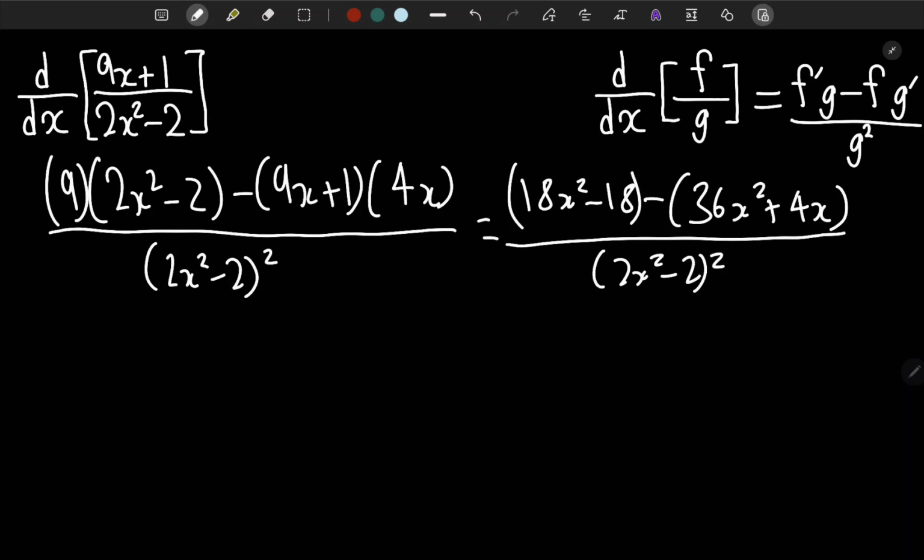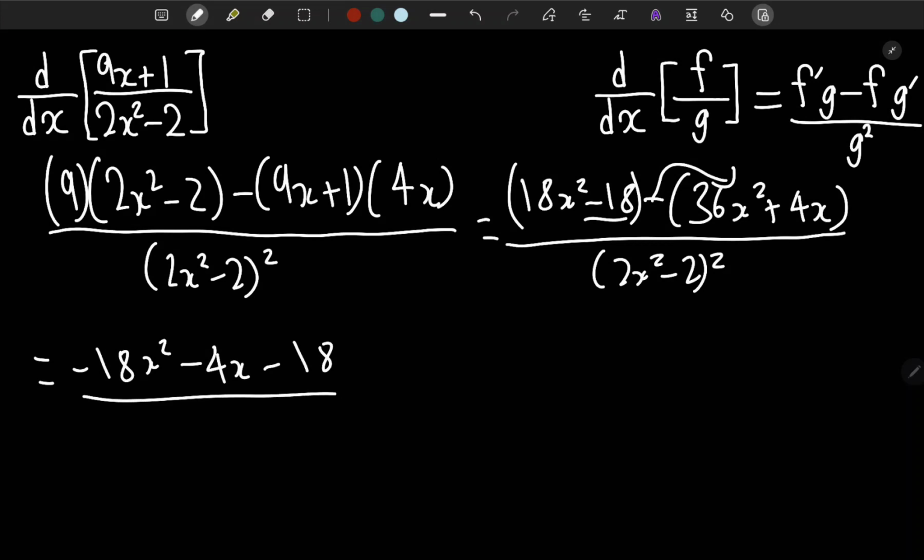And now we can combine 18x squared and 36x squared, so that's going to give us minus 18x squared and minus 4x, because this minus sign is going to be here and multiplied by 4x, so minus 4x minus 18, all over the same thing here, and that would be the final answer.